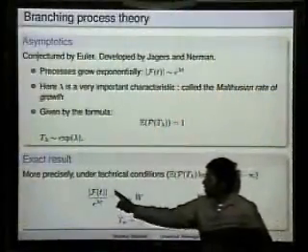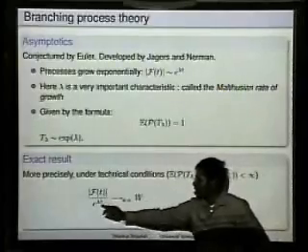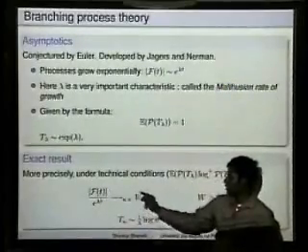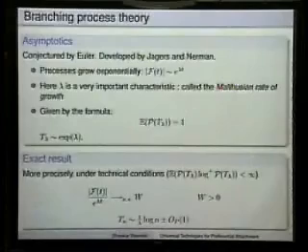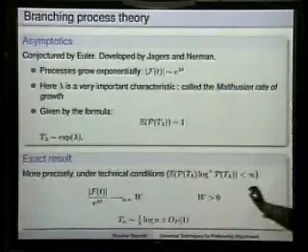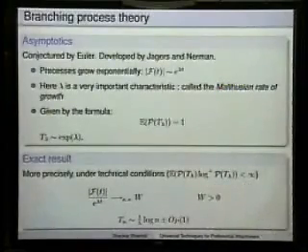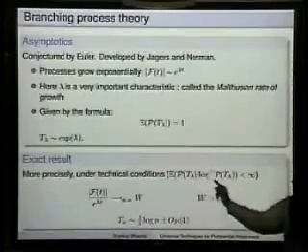Okay, so what are the more exact results? If you assume a slight technical condition, then the size of your population divided by e to the lambda t converges almost surely to some positive random variable. But isn't that condition violated in some cases? No. This condition basically says that your degree distribution has finite first moment times log plus, so x log x.